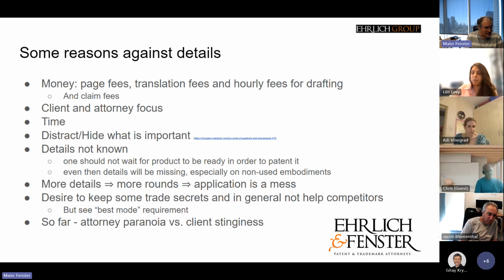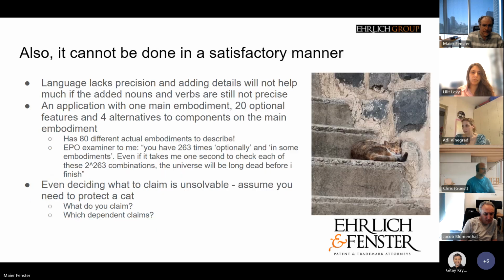And on the other hand, we have the client, I'm calling him stingy, but let's call it economical, who doesn't want to write a 400-page application when a 25-page application will do. You can't do it, okay? I mean, I said we want to add more details, but it's not going to work.